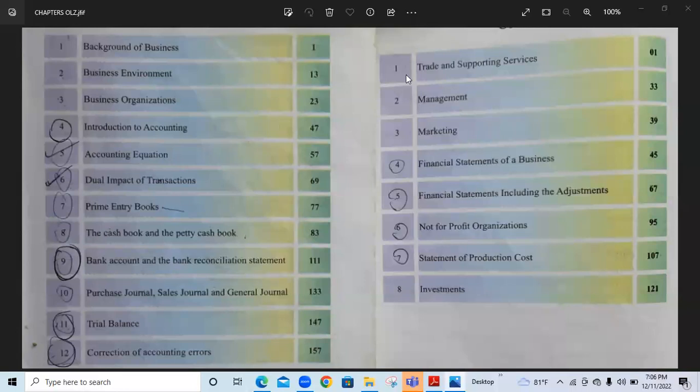For the non-theory students, there are external students here, right? I just want to tell you all, so far in our theory class, grade 10, we are done up to trial balance. There is only correction of accounting errors to be done in grade 10. I usually do 10 and 11 parallelly.